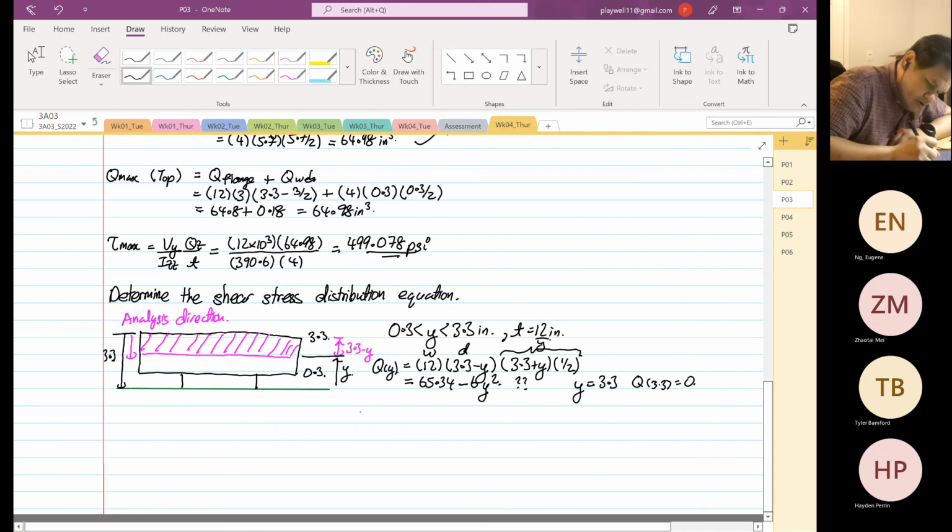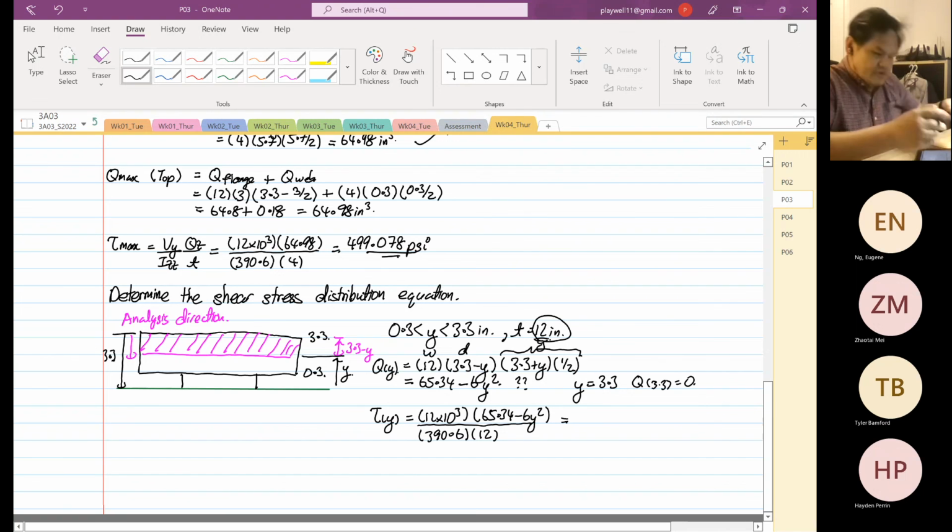From here, you know that your shear stress distribution as a function of y will be equal to 12 times 10 to the power 3 divided by 390.6. The thickness is constant at 12, as you can see down here. And this times 65.34 minus 6y squared.